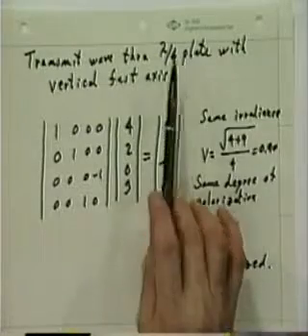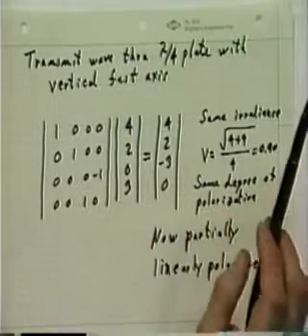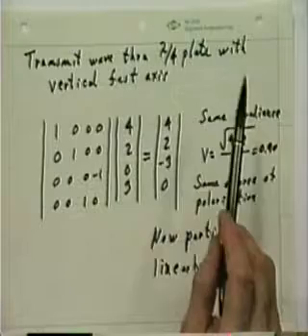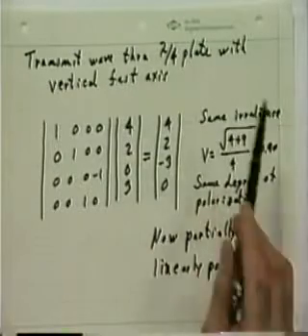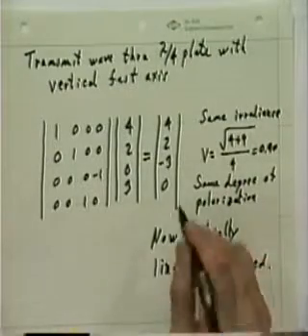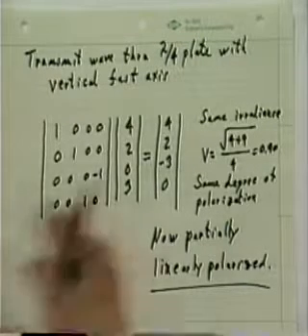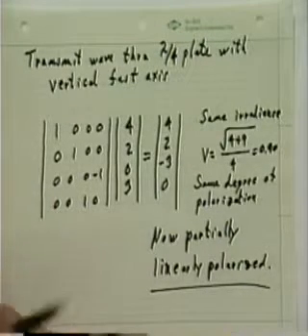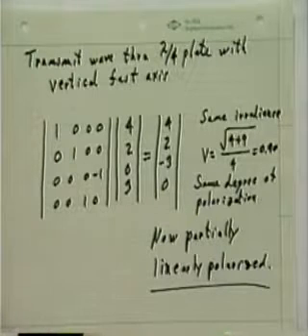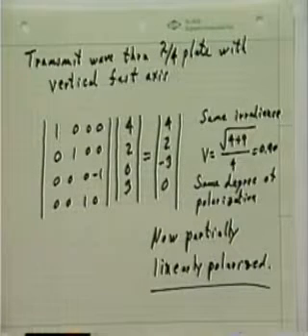We send stuff through a quarter wave plate, and we can convert elliptical into linear with that. So this is now linear polarized as opposed to elliptical. Anyway, those are just some examples of what you can do with the Stokes vectors and the Mueller matrices.